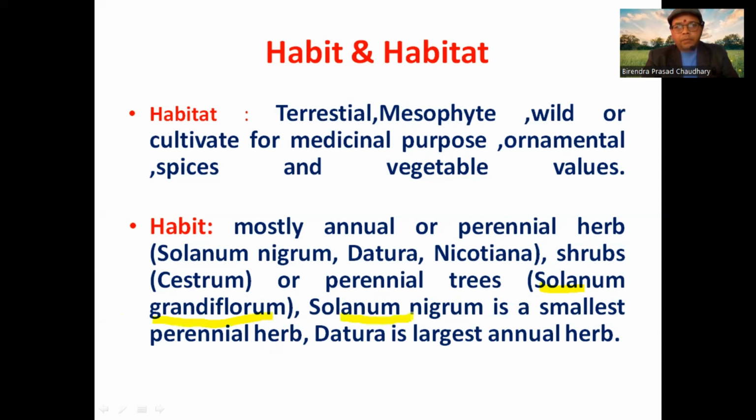Solanum nigrum is the smallest perennial herb of this family. In the same way, Datura is the largest annual herb. Among the annual herbs, the largest plant is Datura. So these things we have to consider as the habit of the plants of this family.